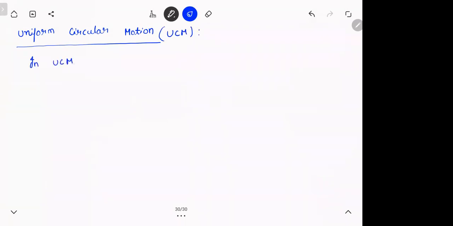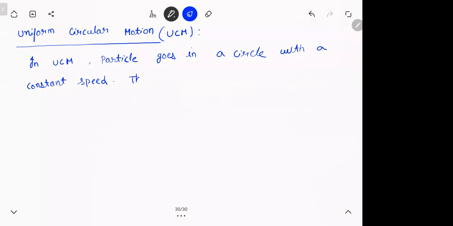In uniform circular motion, the particle goes in a circle with a constant speed. And the acceleration on the particle, now see, speed is constant, but the direction keeps changing.